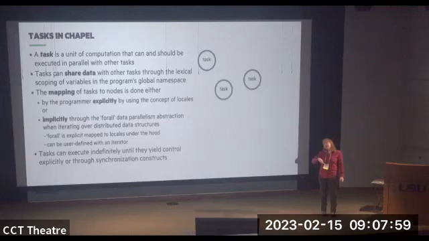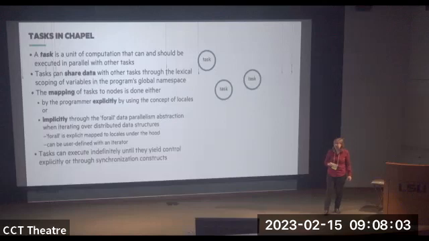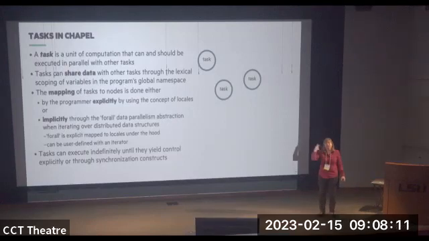The way tasks are mapped to various nodes in a machine is either explicitly by the programmer using a concept called locales, saying I want this task to run on this locale, or implicitly using some of the higher level parallelism constructs such as forall. Now, underneath it, forall is also being explicitly mapped.